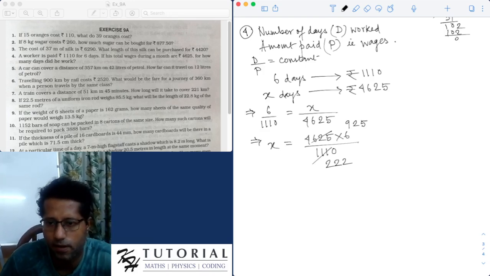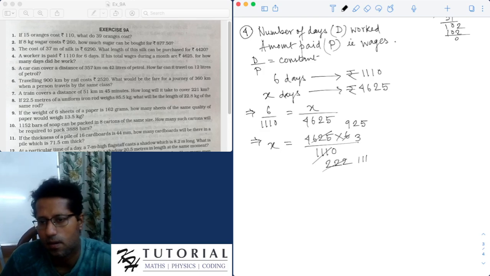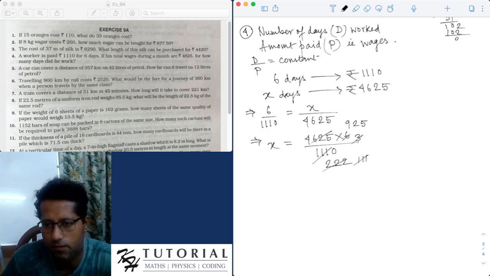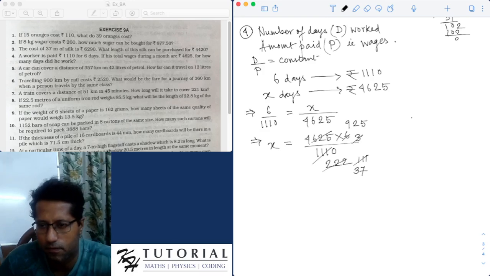So if I divide 6 by 2, this is 3. Now 3 again divides 111: 3 times 37 is 111. And will 37 divide 925?